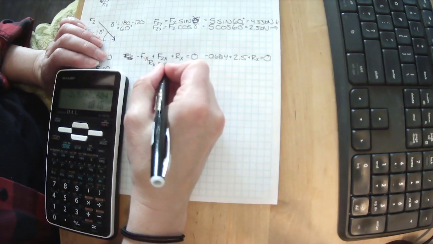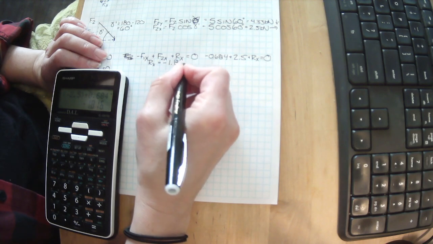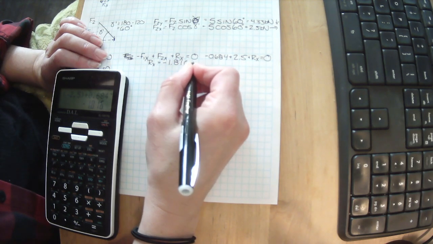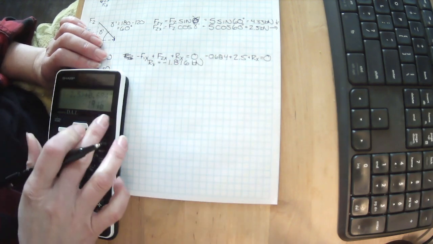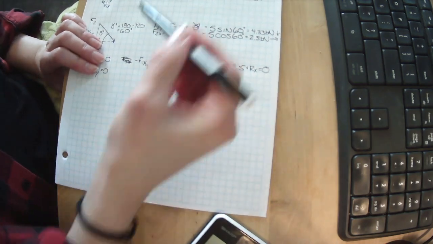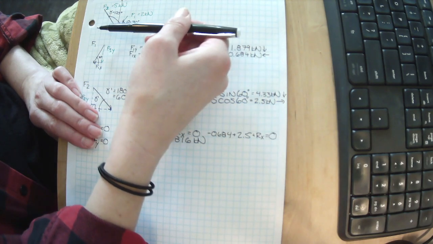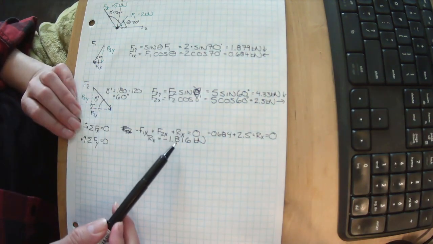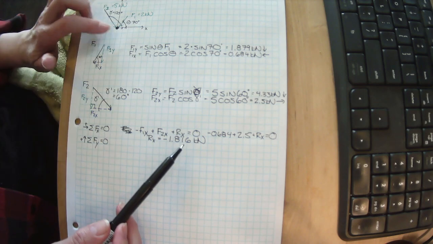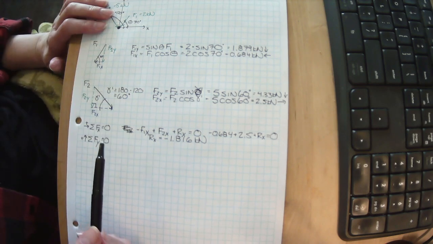We have minus 1.816 kilonewtons. So we must have something pushing in this direction with a value of 1.816 to stop this object from moving.